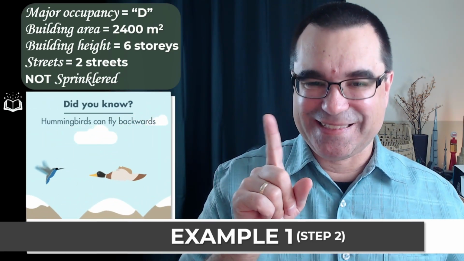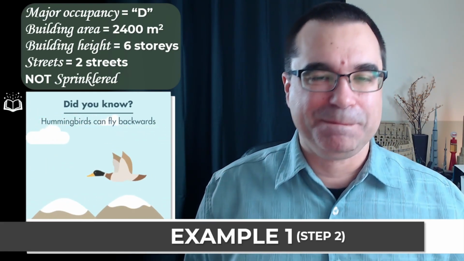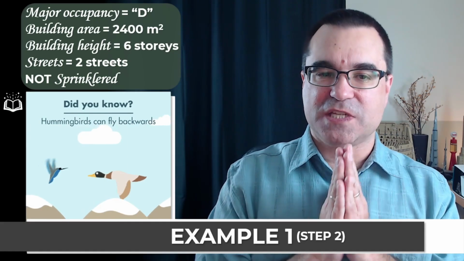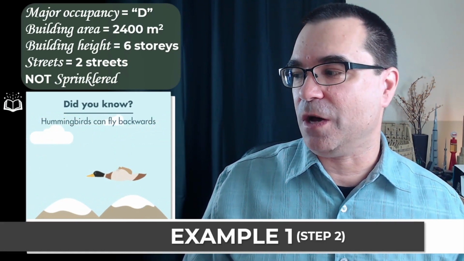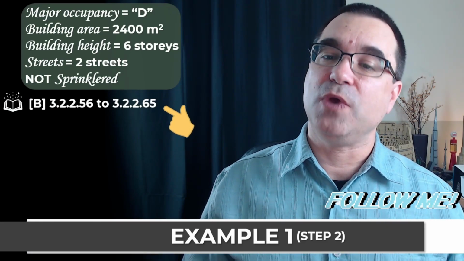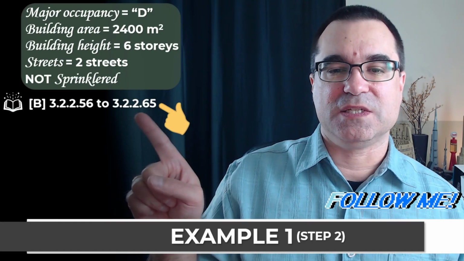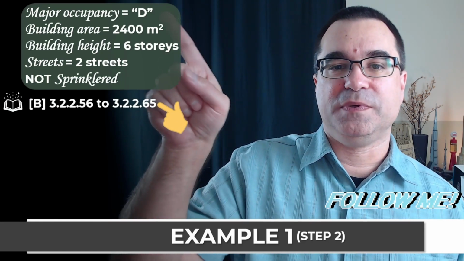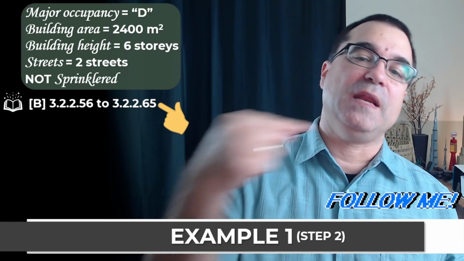And that is where this little factoid is going to come in handy. Remember how we learned that hummingbirds can fly backwards? Well, that's handy for this topic because we also have to do the same when we're reviewing this range of Group D articles. We start from the last one and move backwards.